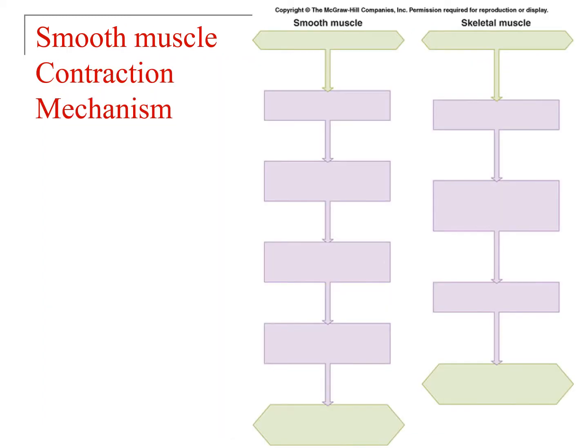Now we're going to directly contrast the mechanism of smooth muscle contraction with the mechanism of skeletal muscle contraction, starting with the similarities. In smooth muscle, you have an increase in cytosolic calcium by release of calcium from the sarcoplasmic reticulum. Likewise, in skeletal muscle, you see release of calcium from the sarcoplasmic reticulum, resulting in a rise of intracellular or cytosolic calcium.